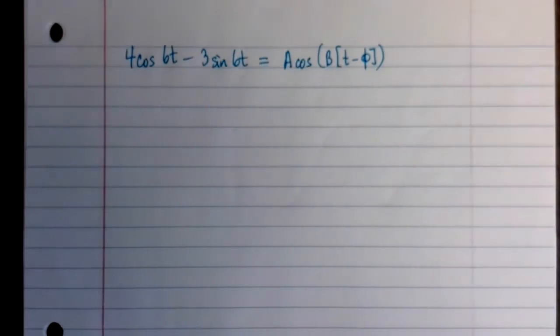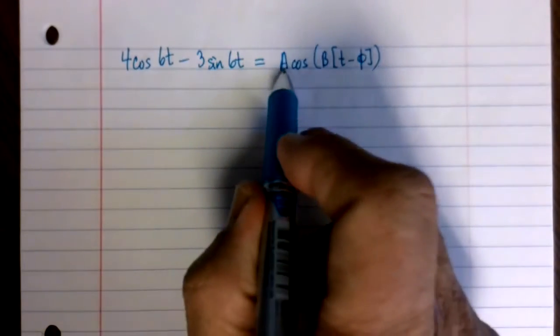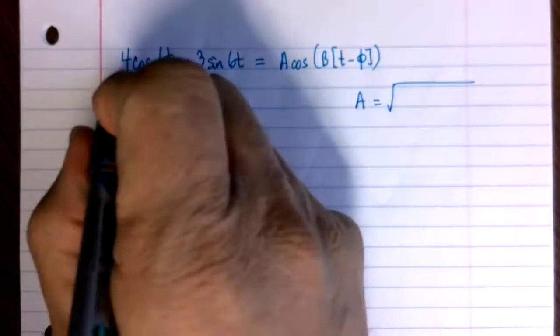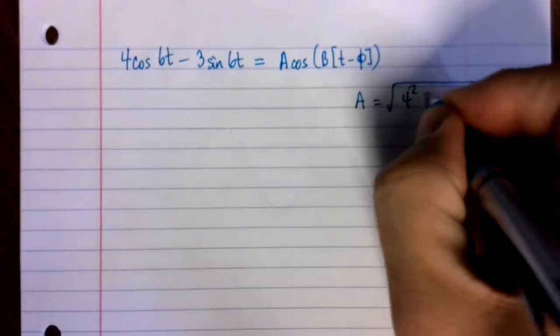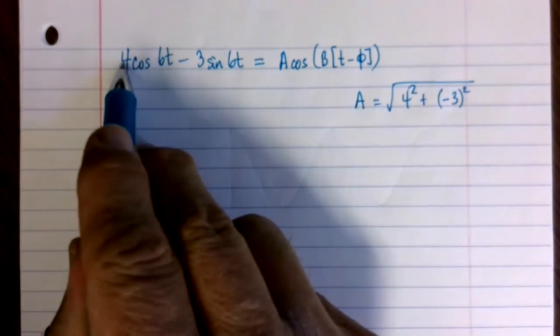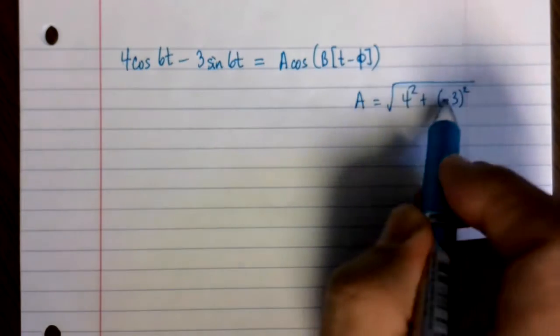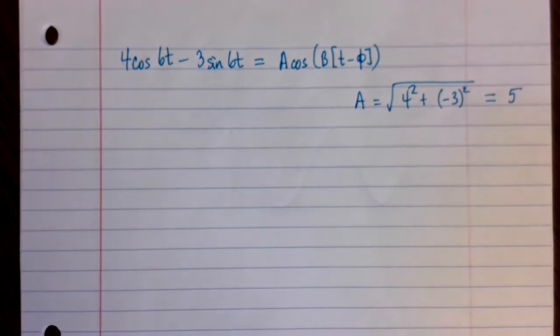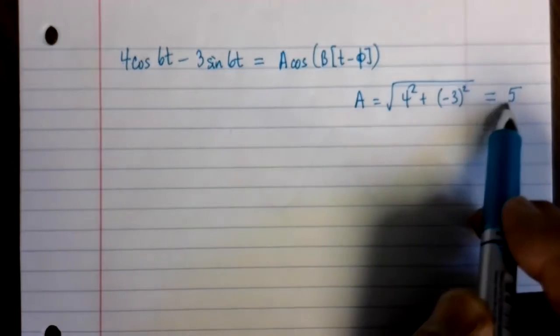The process for solving this is as follows. The first thing I do is to find the amplitude. The amplitude is going to be the square root of 4 squared plus negative 3 squared, and of course, that's equal to 5. Now, why in the world did I do that?